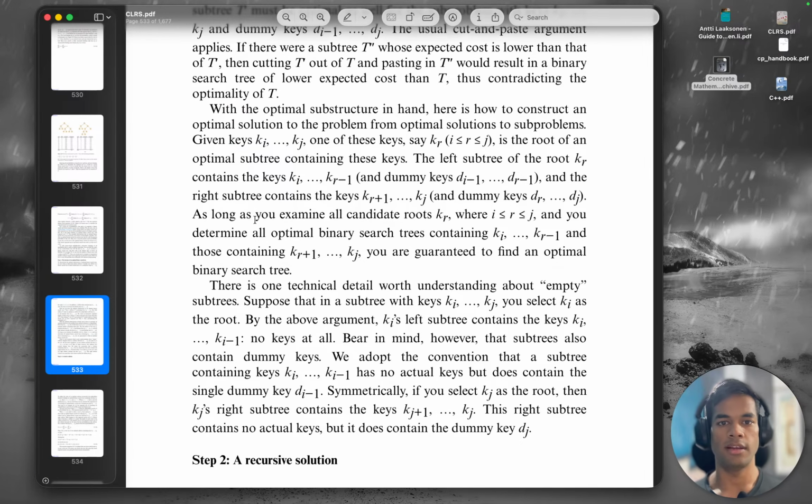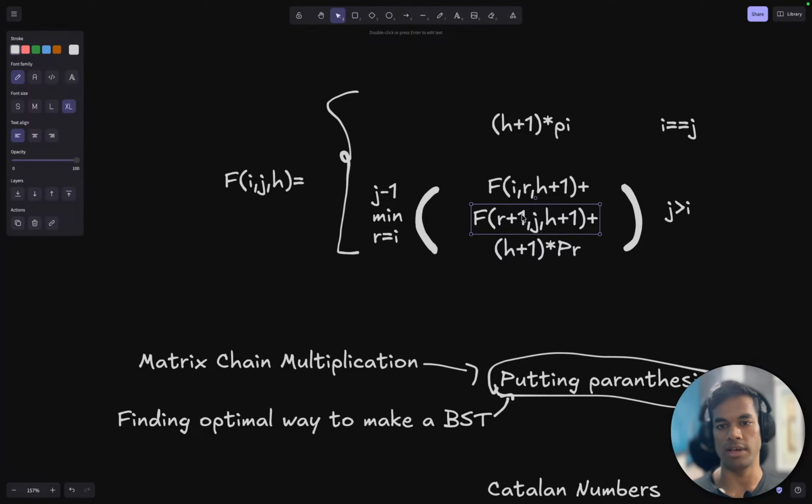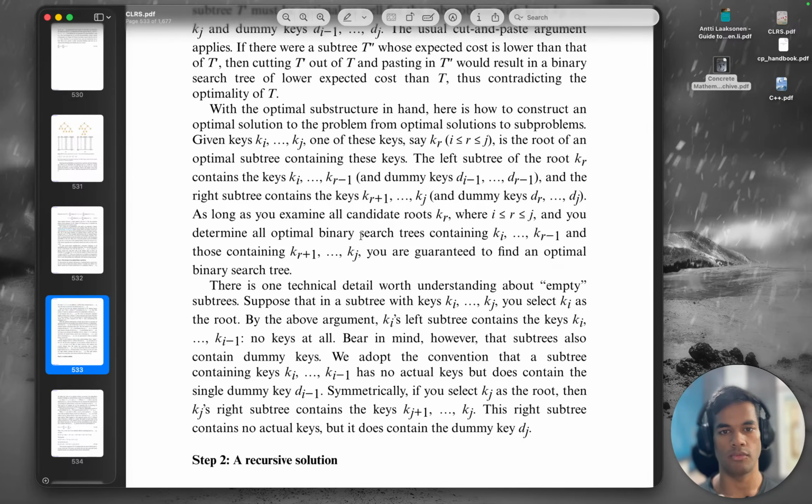Given keys ki till kj, one of these would be the root, and also the dummy keys. We are not thinking about the dummies just yet. We are just working with this for now. The left subtree of the root kr contains the keys ki till kr minus 1.